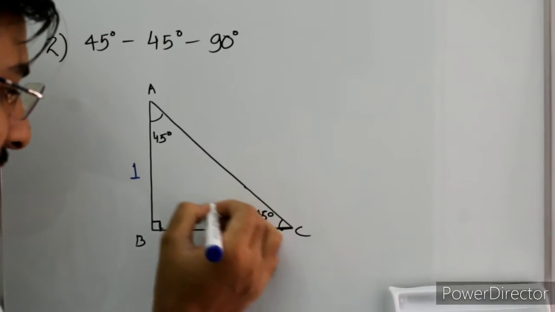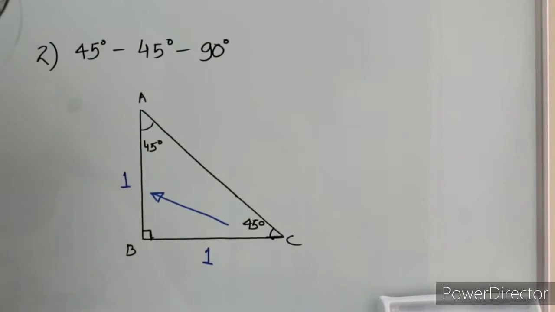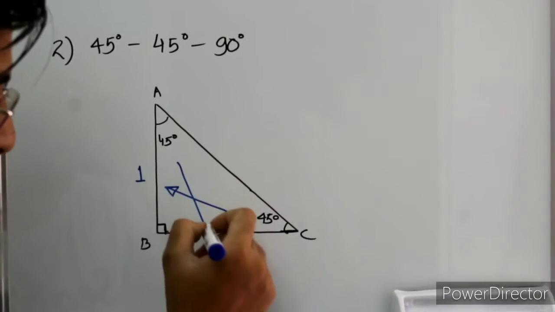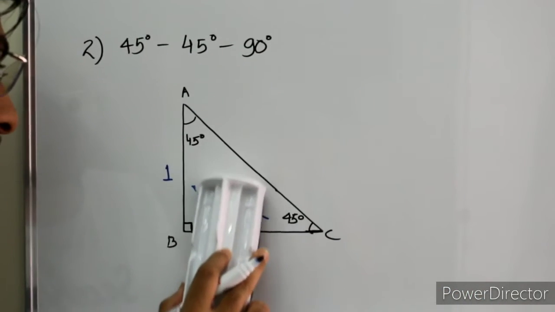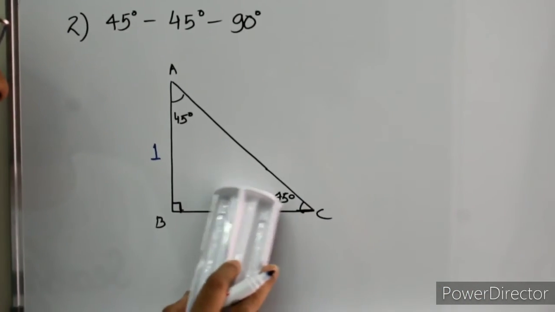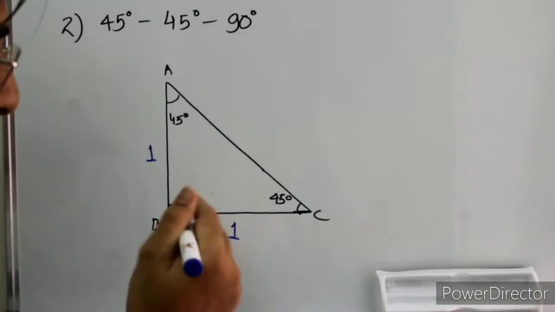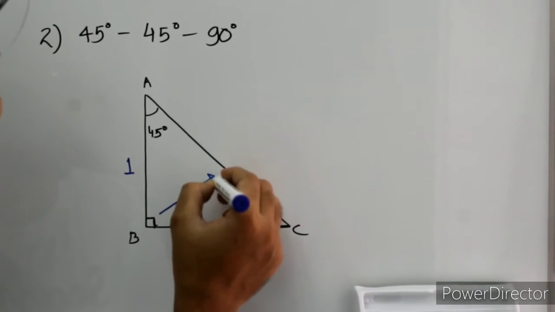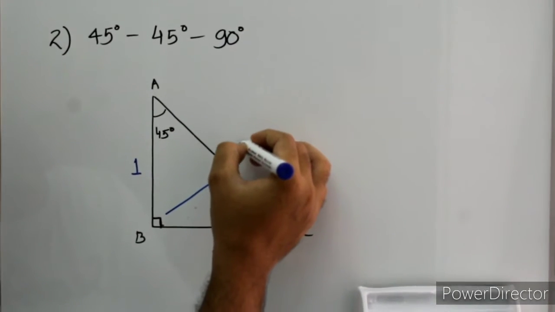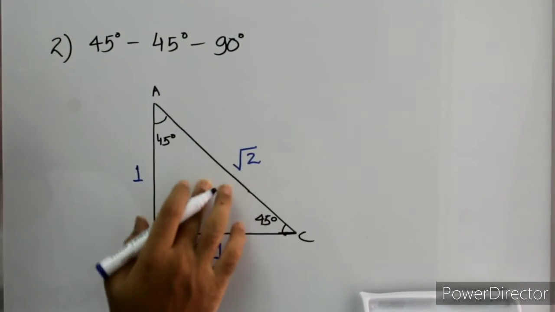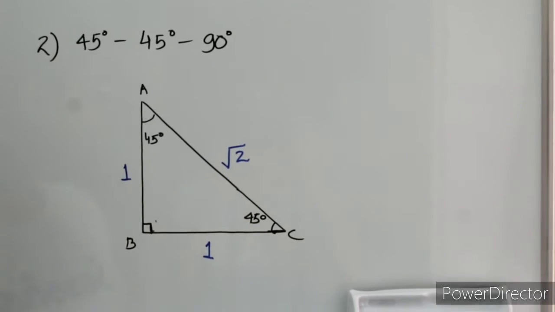So the side opposite to this 45 degree is 1, and the side opposite to the other 45 degree will also be 1. This is how it works. The side opposite to 90, which is this, will be root 2 times of it. So 1 times root 2 will give you just root 2.